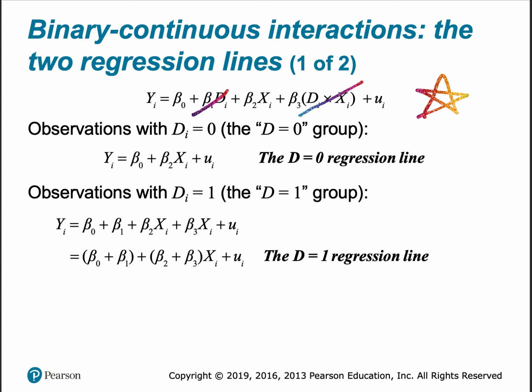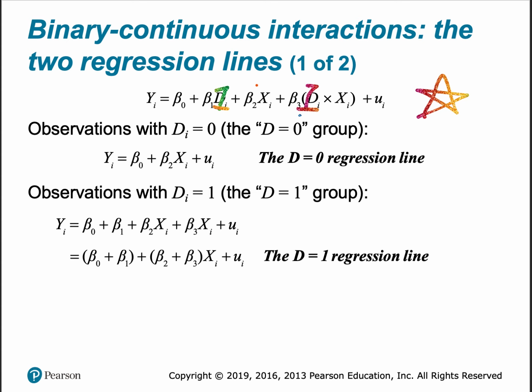Now, for d equals 1, we need to bring these terms back in. Now d is equal to 1, so the d equals 1 group is yi equals beta naught plus beta 1 plus beta 2 times xi plus beta 3 times xi.